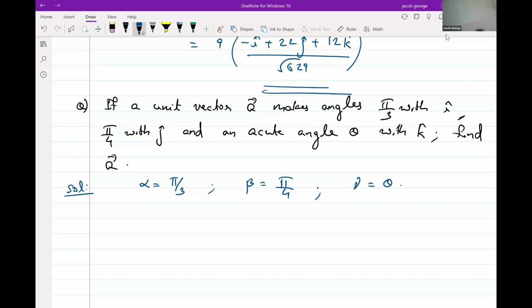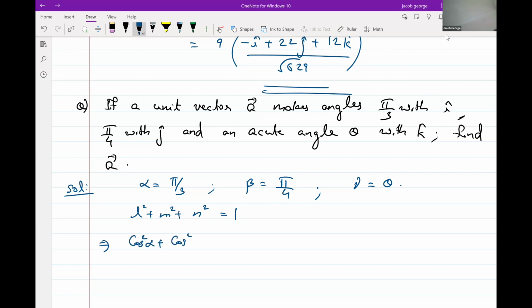Then I am going to write the relation connecting direction cosines. All of you know: cos square alpha plus cos square beta plus cos square gamma is equal to 1, or l square plus m square plus n square is equal to 1.